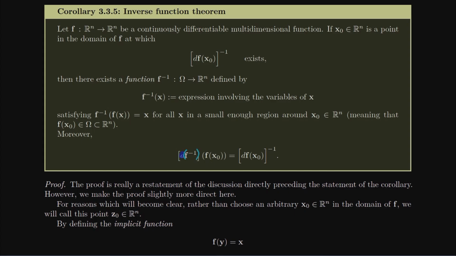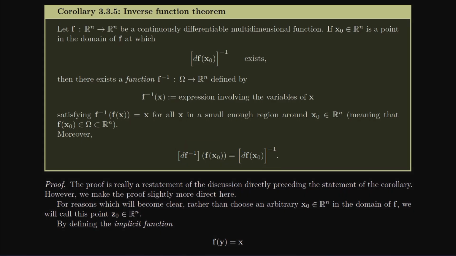So the inverse is happening on the function first, and then I'm computing a derivative. But what this theorem says, finally, is that if I take the derivative of the inverse function and evaluate it on the forward function at the point, that's always going to be equal to the inverse of the derivative of the function evaluated at the point. Anyway, that's what the inverse function theorem says.